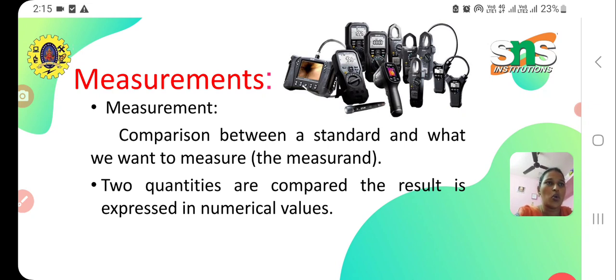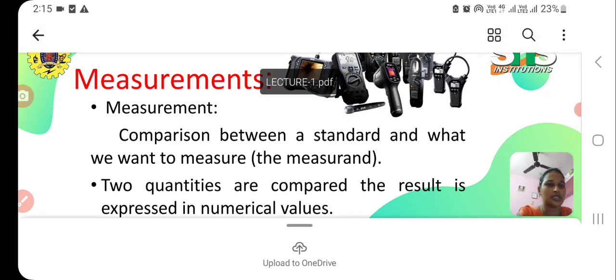Or if I go and purchase dresses in a cloth store, I will say, give me this sized shirt or this sized dress. So everywhere we use the term measurement.